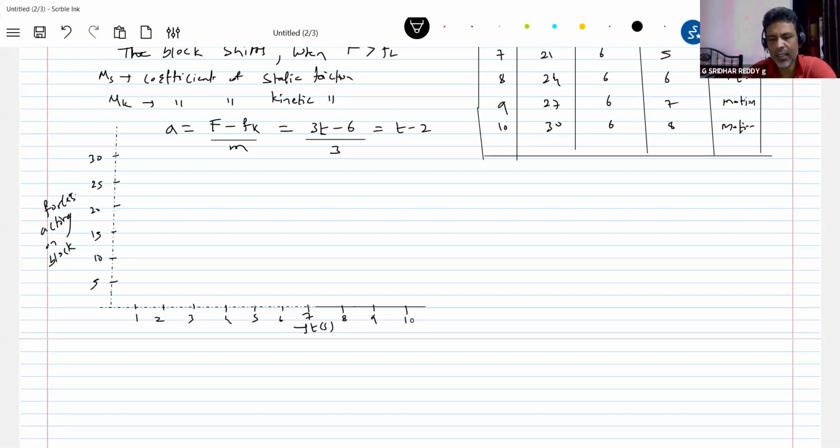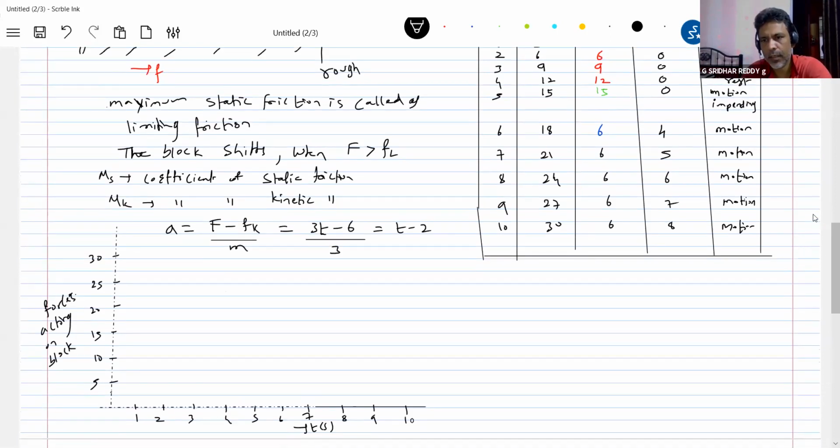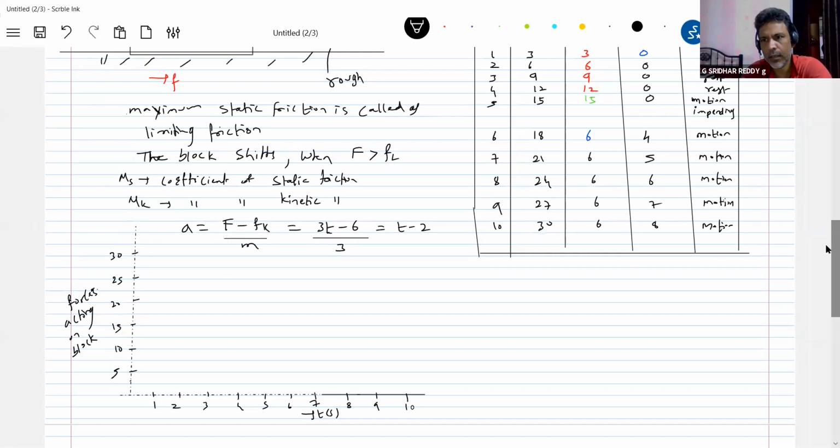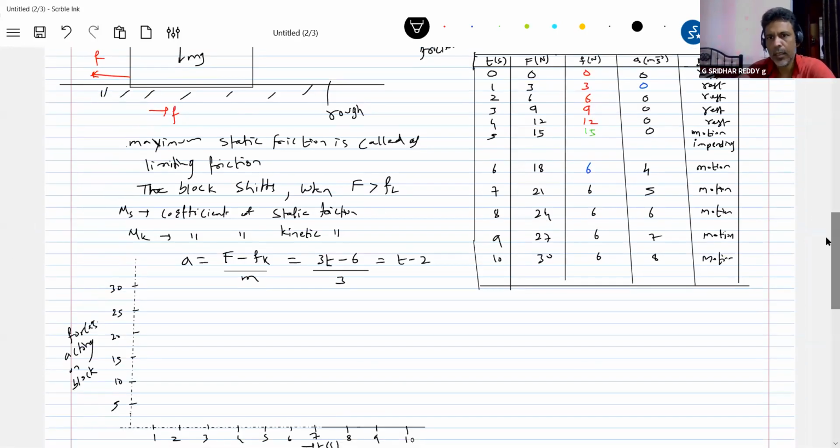Let's come to graph one. So look at the applied force. It will just keep on increasing with time, no? So for graph one, I'll take the applied force in green color, 0 to 30. So this will be 30. The point will come here.